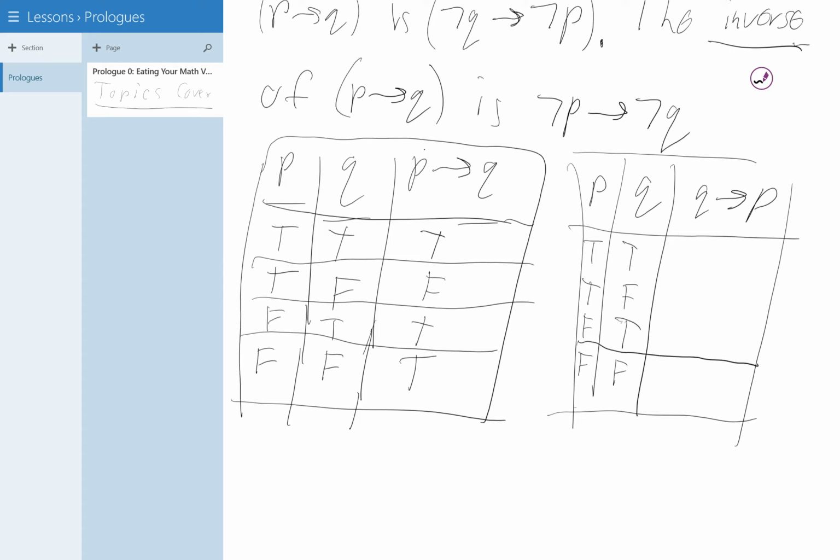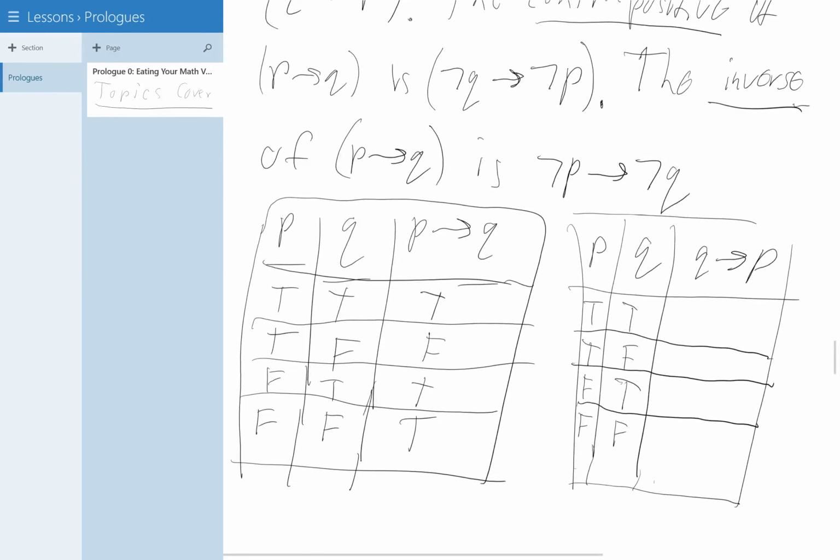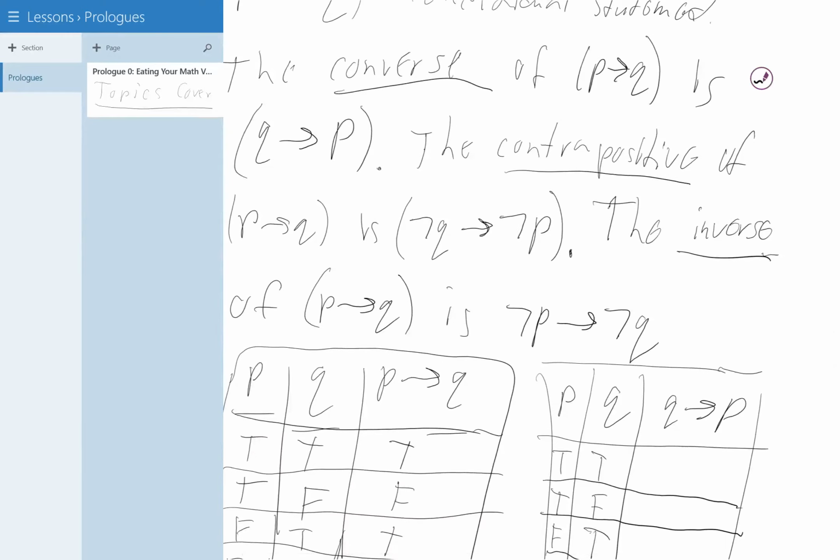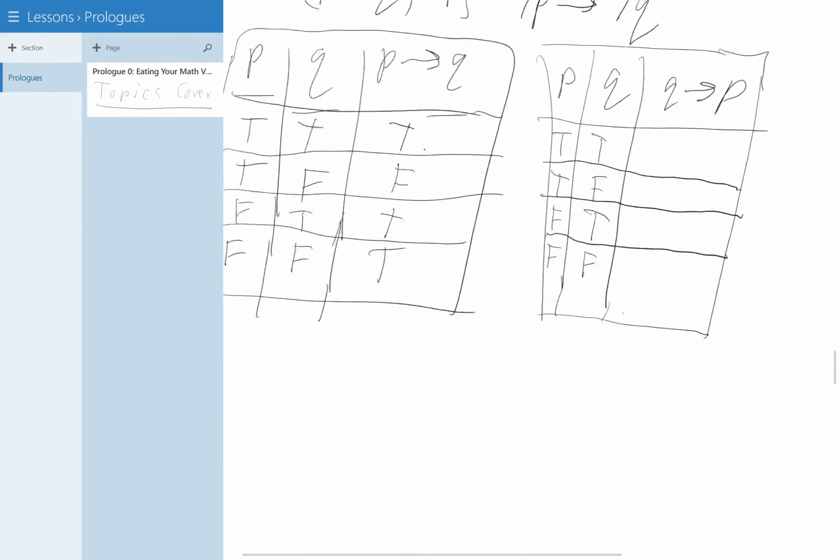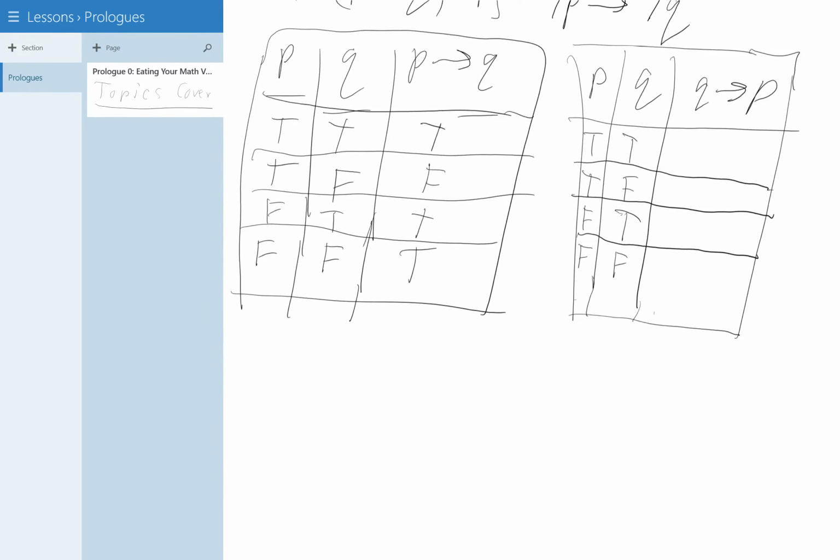Leave comments if you want me to have that pre-written, and when I have time, I'll put up on the website a LaTeX document. That's basically a nicely formatted document that has this all typed up clearly, because my handwriting might be a little bad. So I want you to fill out this one, which was the converse. Then we have the contrapositive, which is not Q implies not P.